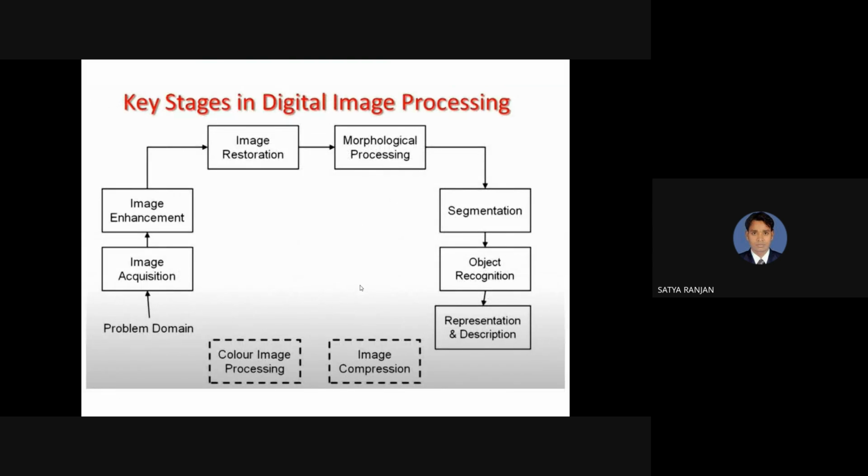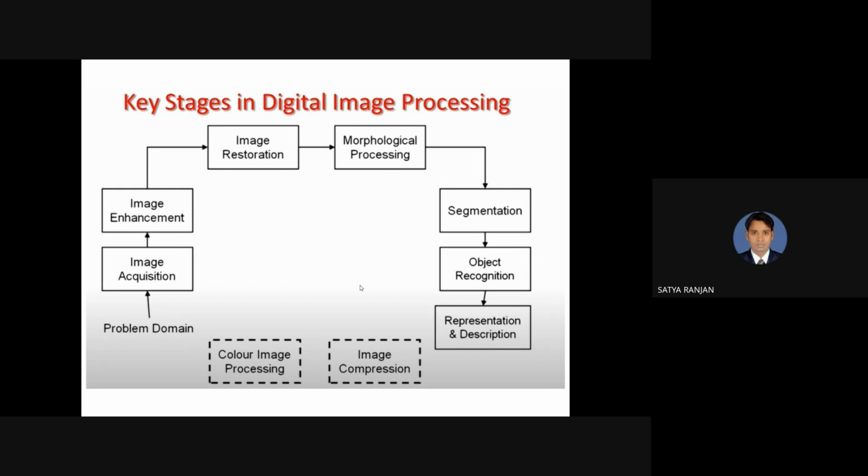The key stages in digital image processing are the problem domain: what is the problem of this satellite image? Then image acquisition, where we get the image. Then image enhancement techniques, and image restoration techniques.